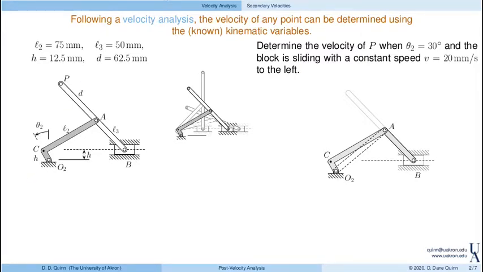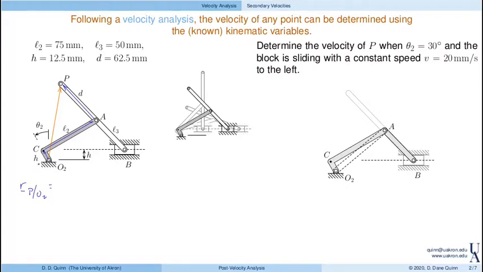So if I want to know the velocity of P, I have to first determine the position of P. I can describe the position of P with respect to O2 with this vector. So again, it's a vector from O2 to P. But really, in terms of the mechanism, I'm going to move from O2 to C. And then I'm going to move from C to A. And then I will move from A to P. So we'll write the position of P with respect to O2.